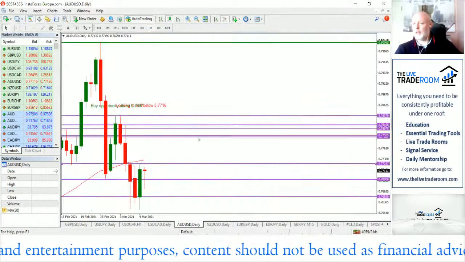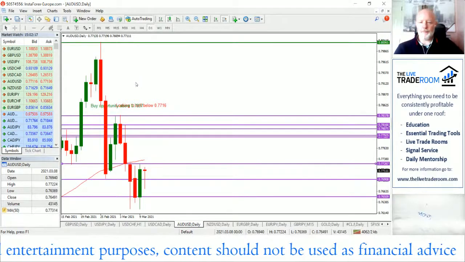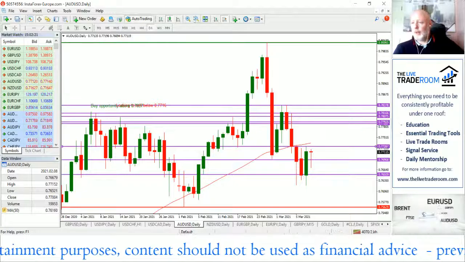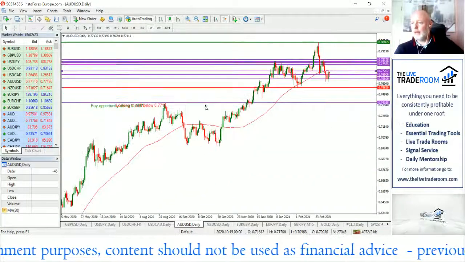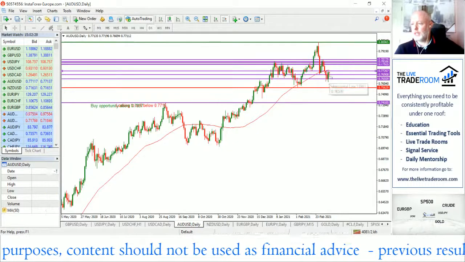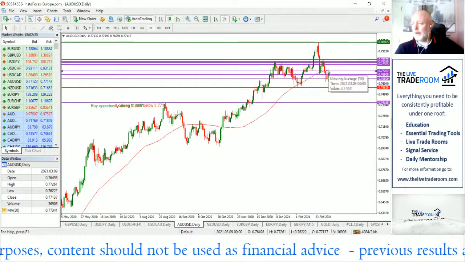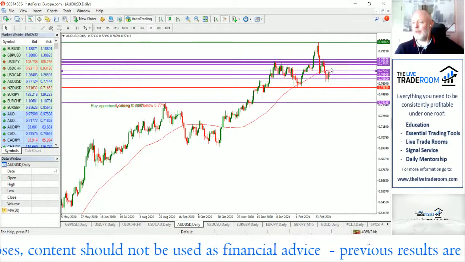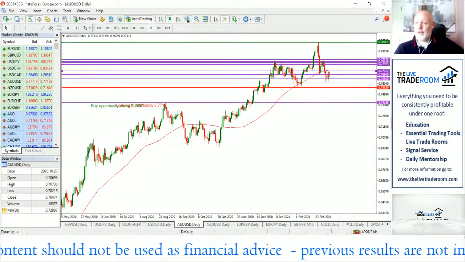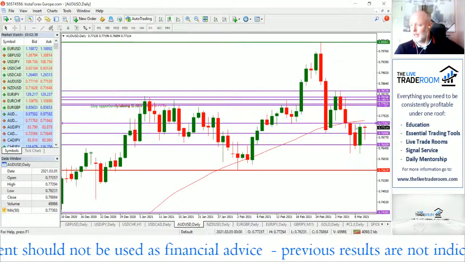Similar situation for the Aussie. We've got this pullback trading opportunity here. We've got the monthly low. Potentially we can look to get in above this 50 period moving average, basically. And that's the trigger to maybe capitalize on the next leg to the upside for these markets.